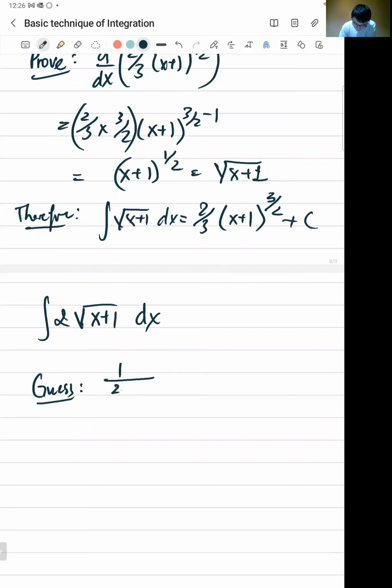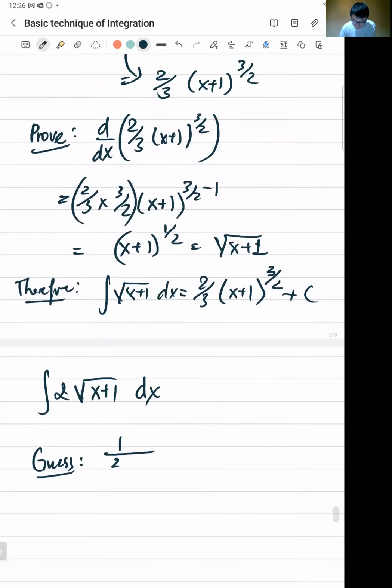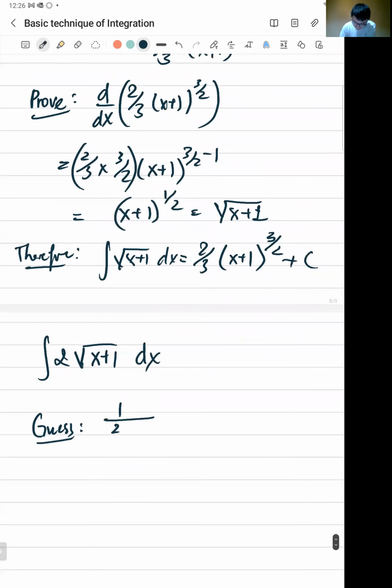So sorry, suddenly my mind's not working, and oh yeah, there's 1 over 2 plus 1, right? And x plus 1, so 1 over 2 plus 1, so that'd be 2 over 3 times x plus 1 power 3 over 2.